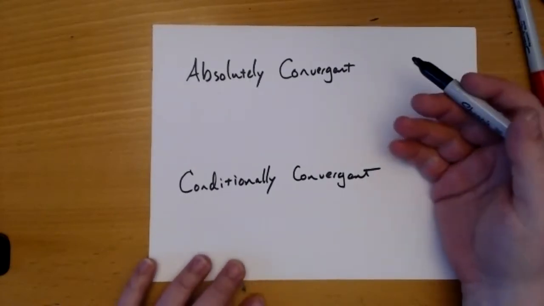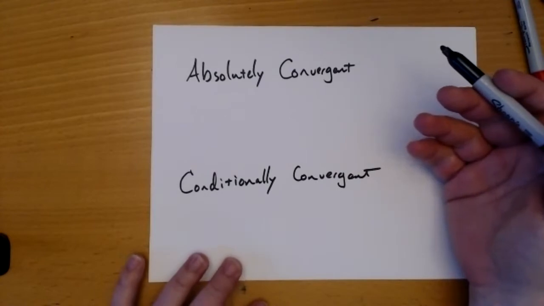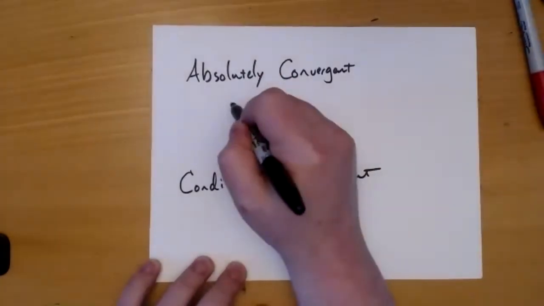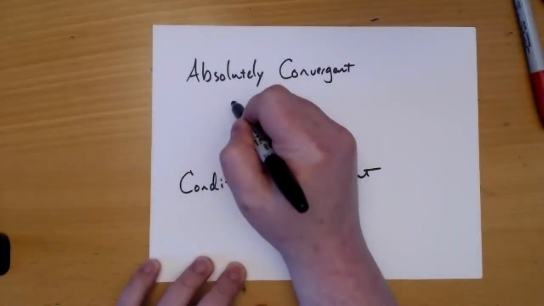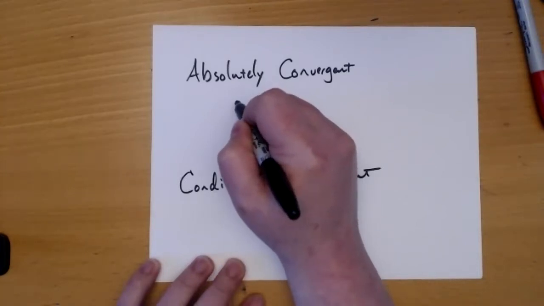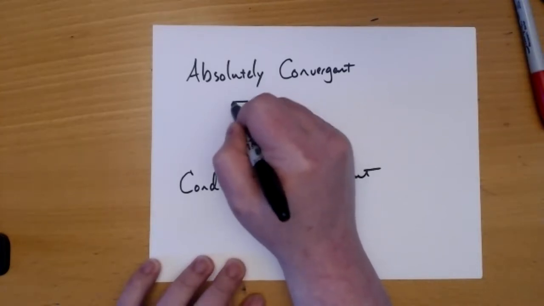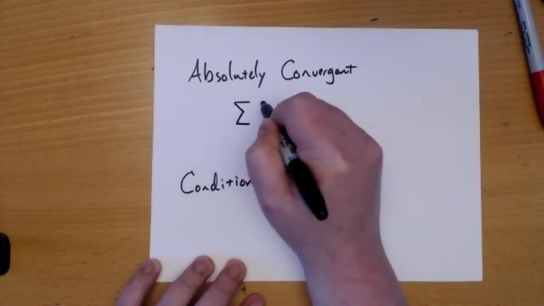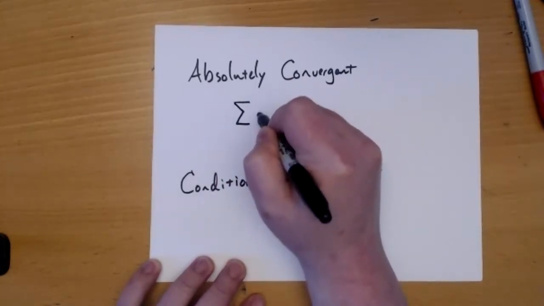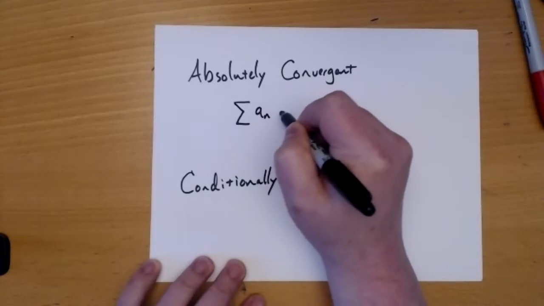Absolutely convergent means that basically it doesn't matter if it's got a flipper on it or not.